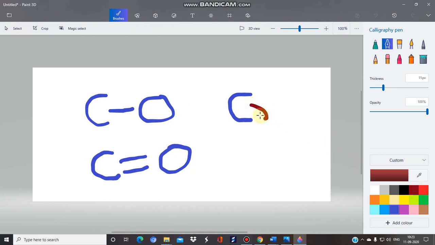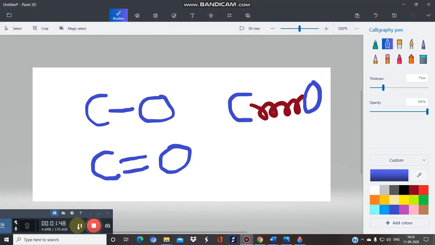Suppose I am using a different color. In this way it is just like a spring, and here again O is there. In the same way, this carbon is connected with this oxygen with this bond, or you can say, just assume in your mind that it is a spring, not a bond or a line. And we know the property of this spring.